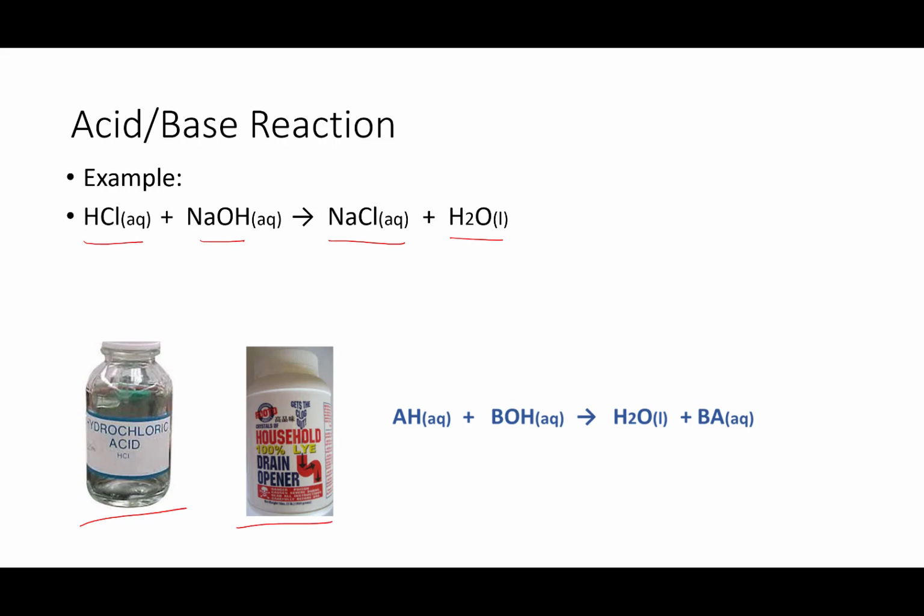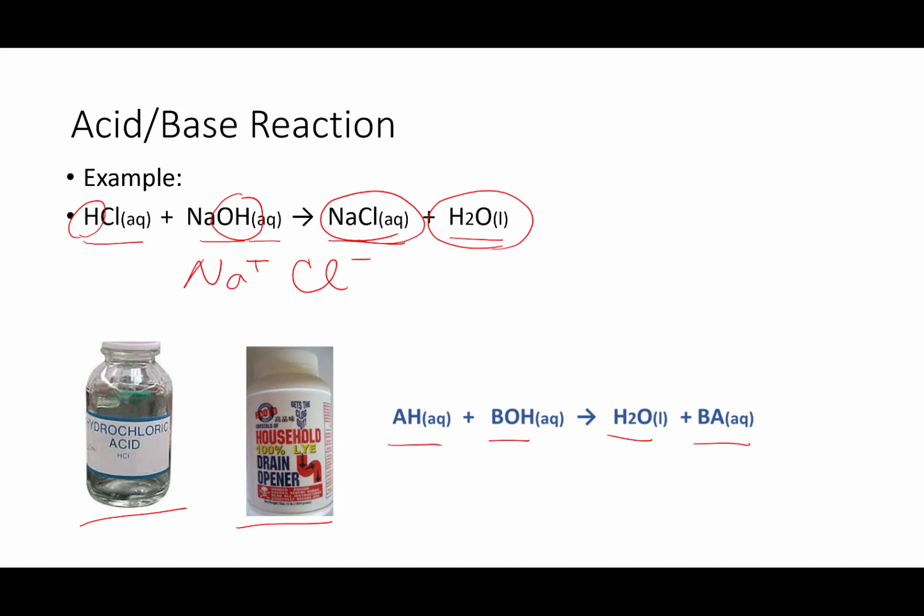I have a picture of a solid lye here, but in my reaction, I have an aqueous version of that. And if these two react, the OH and the H combine to produce liquid water, and then the positive sodium ion and the negative chlorine ion bond and produce sodium chloride. The acid plus the base gives us water and a salt.